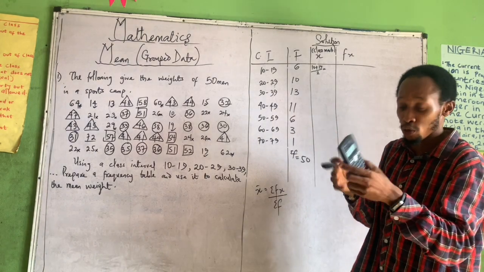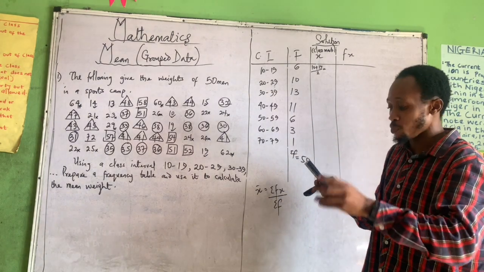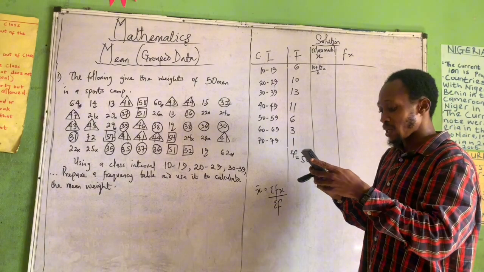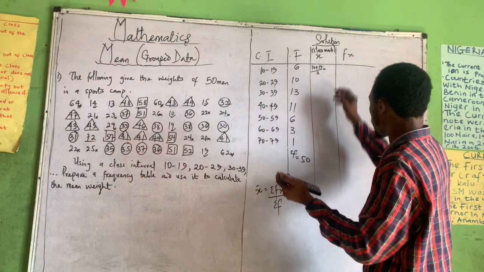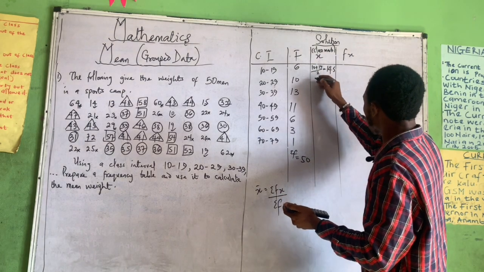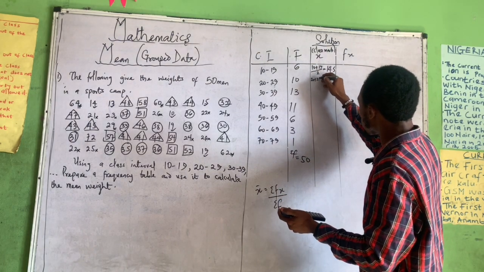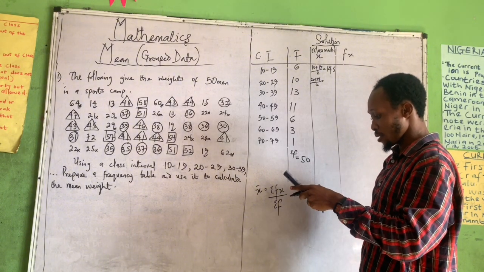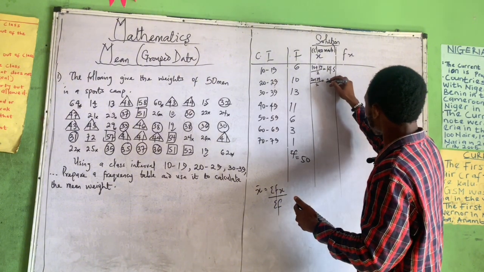While some calculators will process it, on most calculators first press 10 plus 19, get your equals to, then divide by 2. So you have 14.5. The next one, we have 20 plus 29 divided by 2, that will be 24.5.